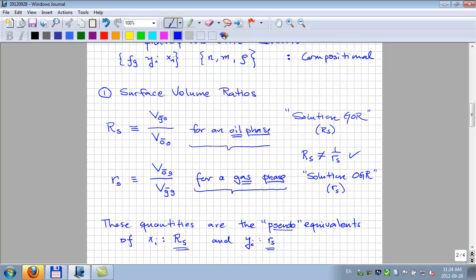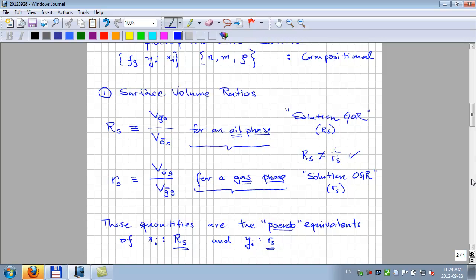So the air, quote unquote air, dissolved in the water here is equivalent to the Rs term, the solution gas component dissolved in the oil phase. And we say the solution oil gas ratio is the solution oil, the water component dissolved into the gas phase in this bottle, because the air in this bottle is now saturated with H2O, not like the air in the room here.